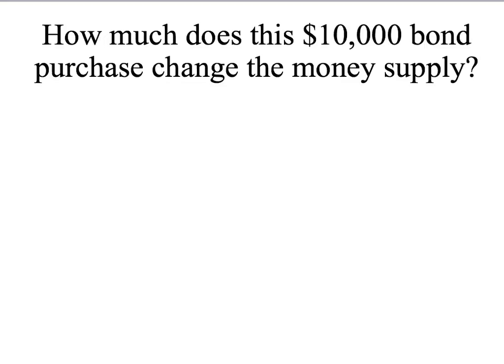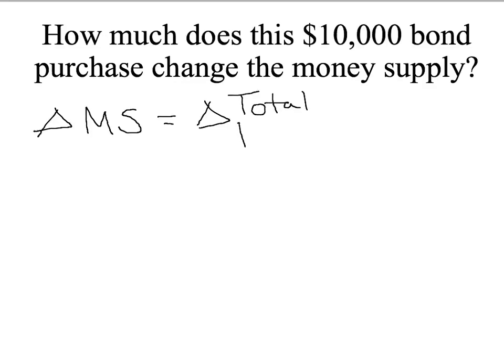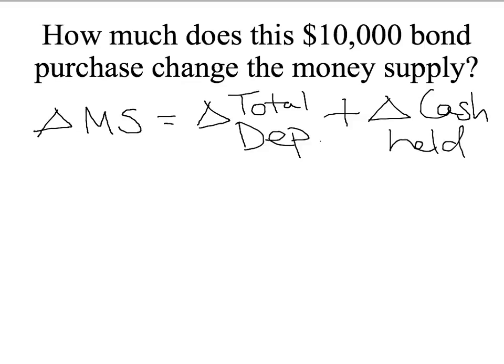So we're going to have the change in the money supply, MS, is equal to the change in total deposits plus the change in cash held by the public. Okay, I have to go back on this. So anyways, we're changing the money supply.